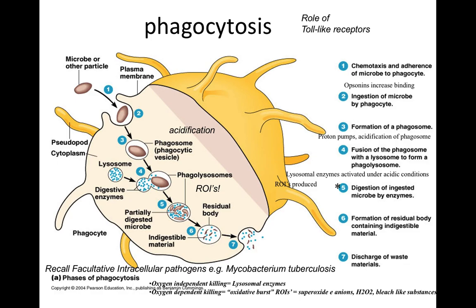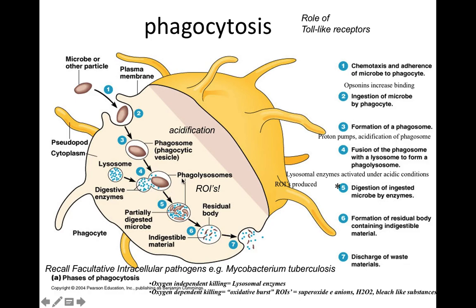So there has to be a really important step, and that important step is that we have another membrane-bound vesicle called a lysosome, literally a lysing body. This lysosome is chock full of hydrolytic enzymes, digestive enzymes. So really important in phagocytic killing, the lysosome has to fuse with the phagosome.